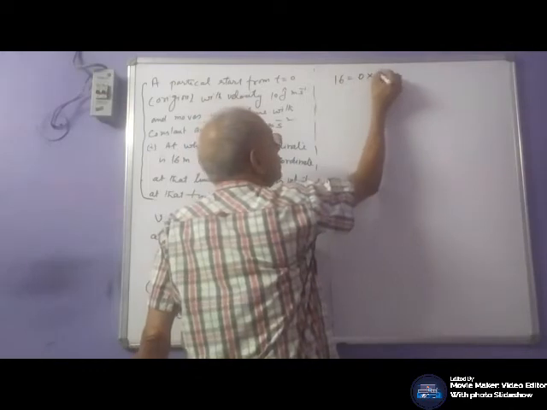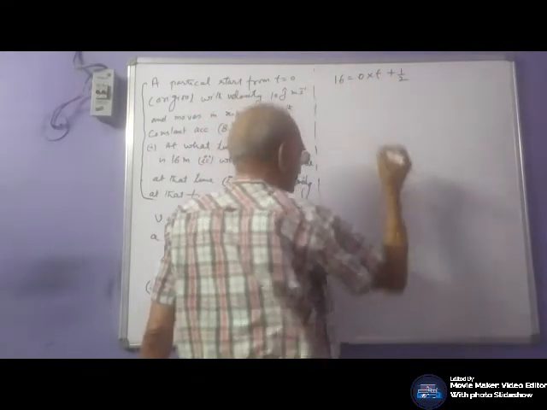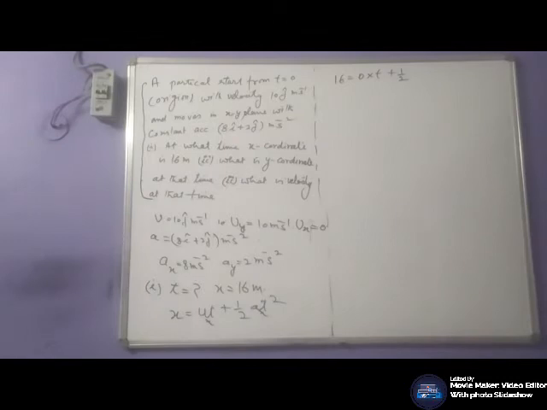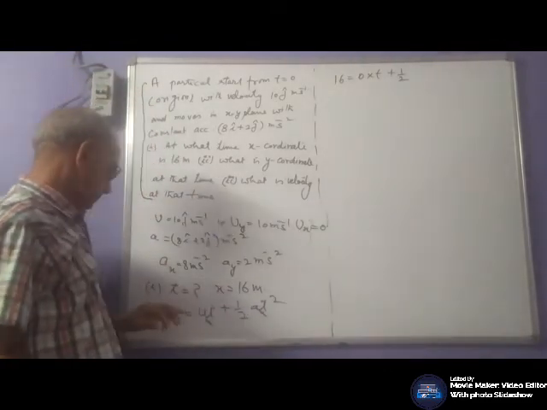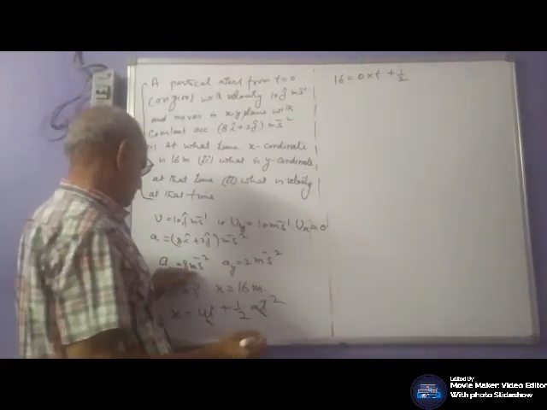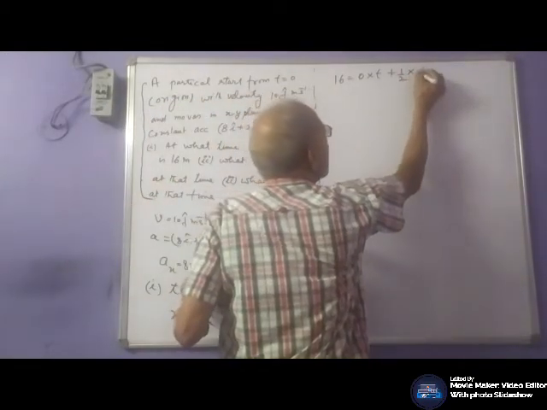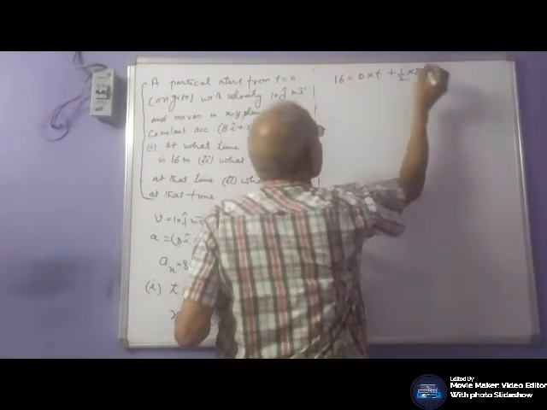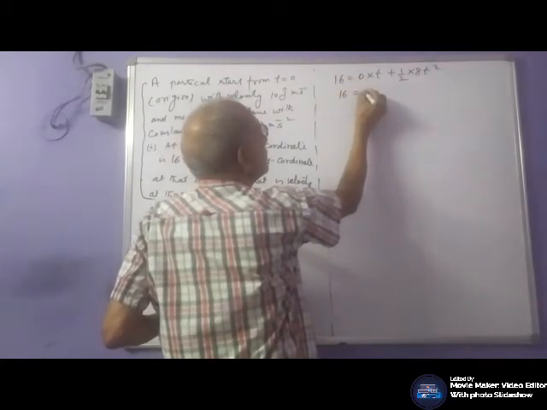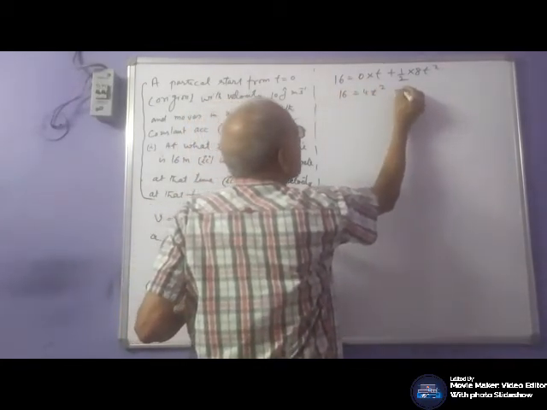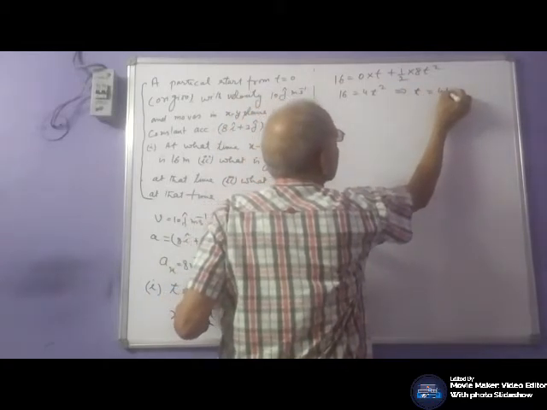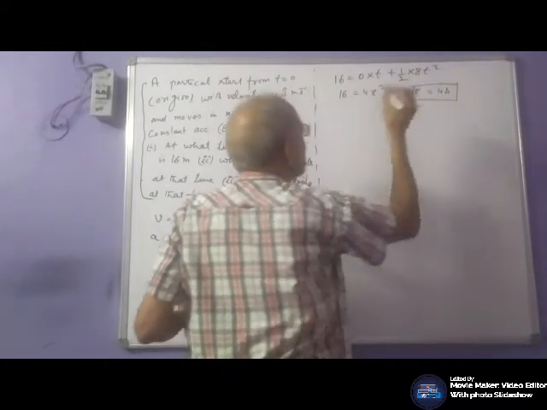So 0 into t, plus half, ax is 8, t square. It is 16 equals 4t square, so t is 4 second. That is one answer.